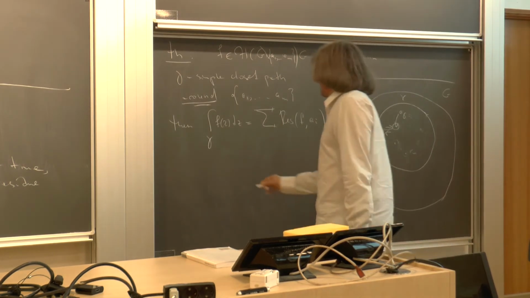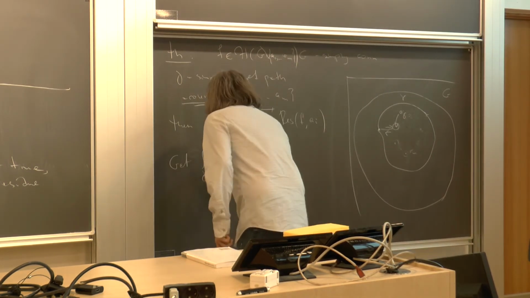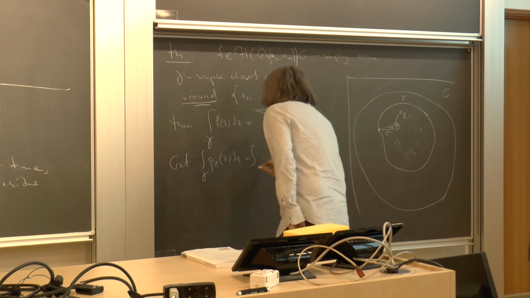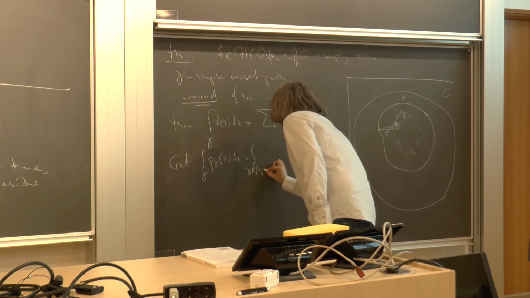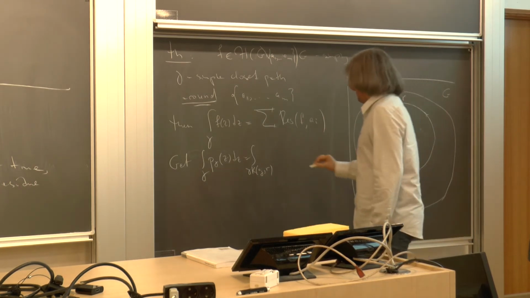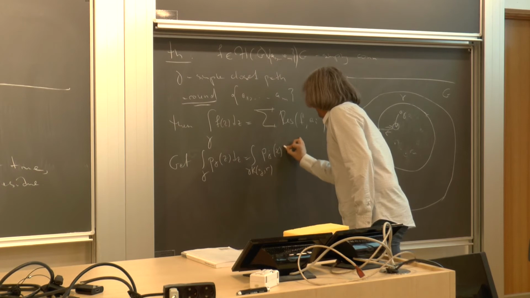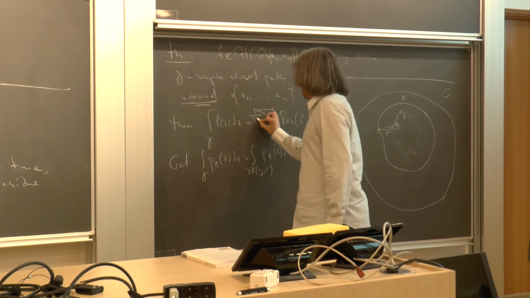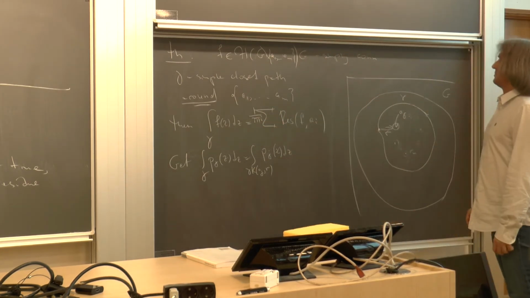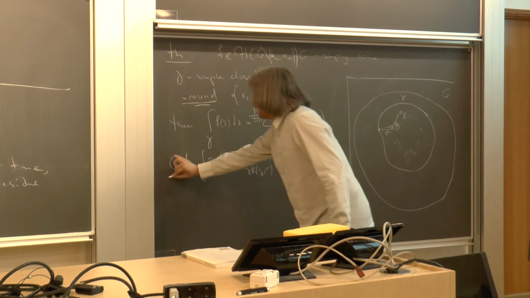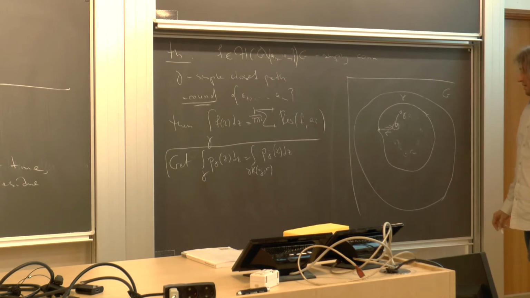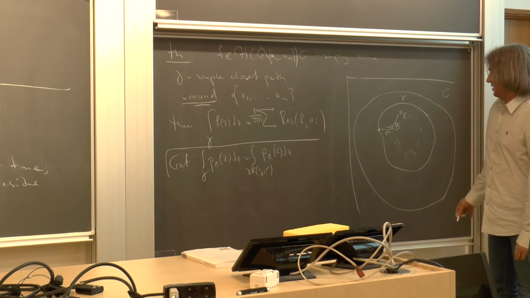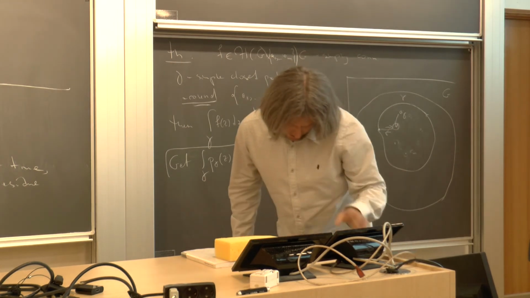So R is whatever small enough. And then of course I get 1 over 2 pi... Oh, it's the other way around.